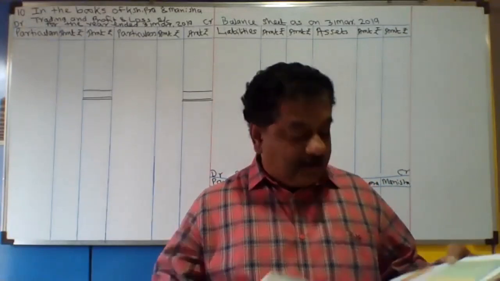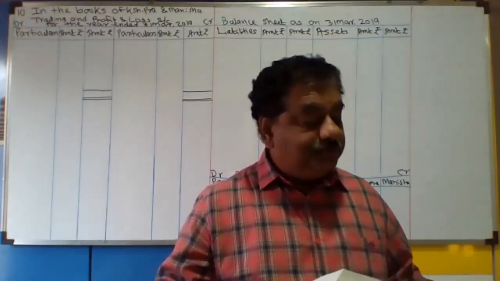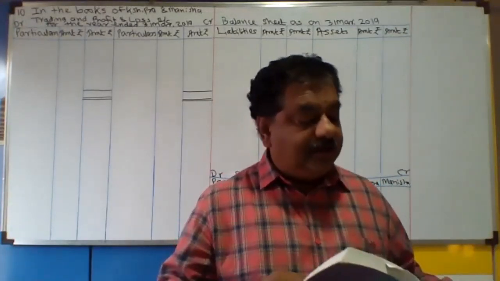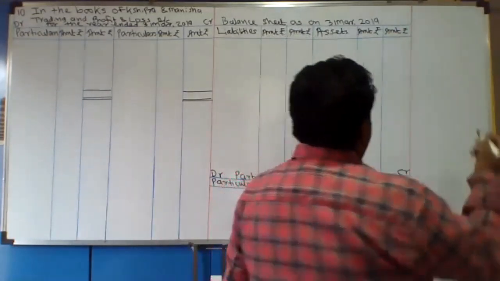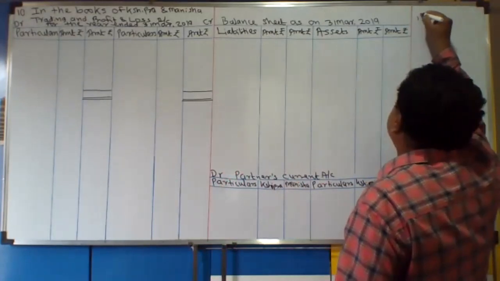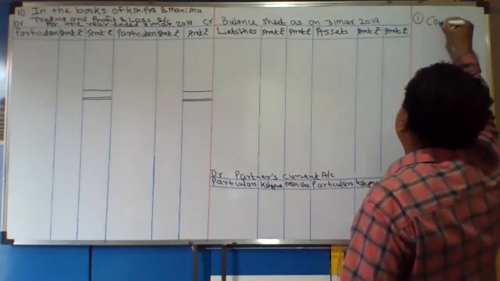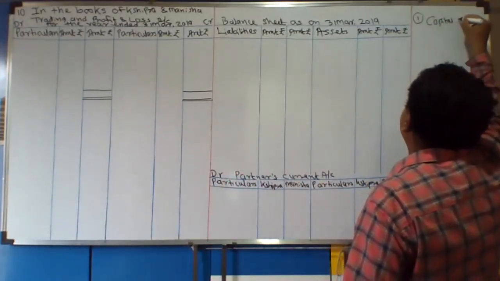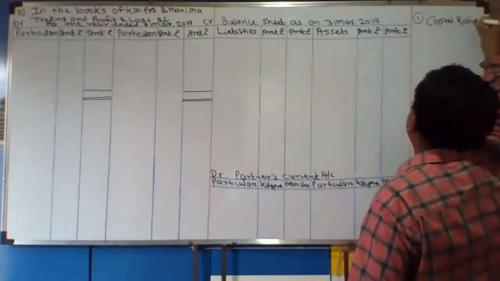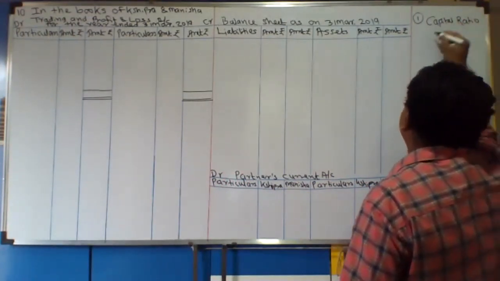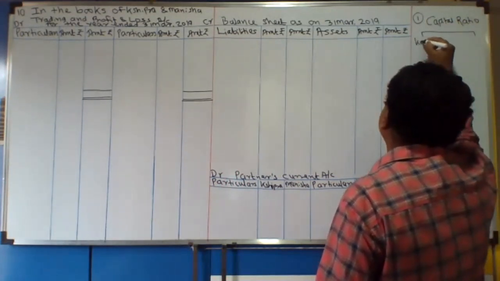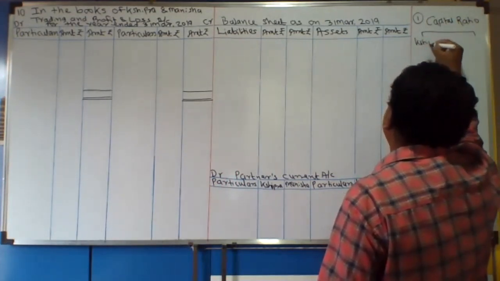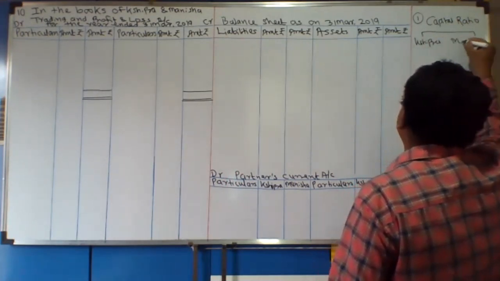If you are looking at the trial balance given on page number 62, the capital of Shipra is 90,000, Manisha is 30,000. Now, how to calculate capital ratio? Capital ratio किस तरह से calculate करना है? देखो, capitals of Shipra and Manisha.